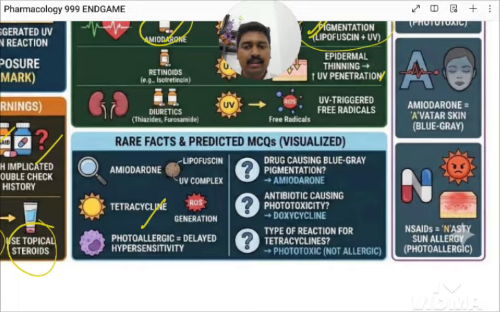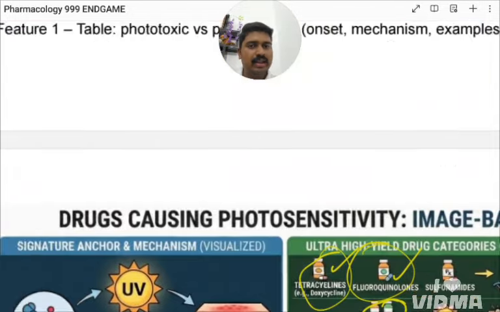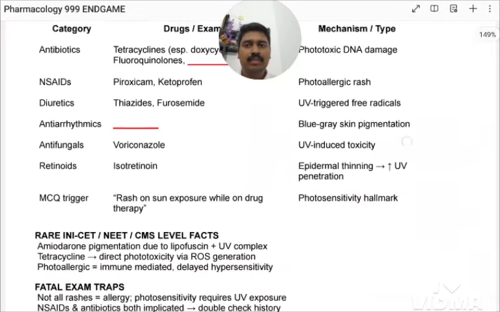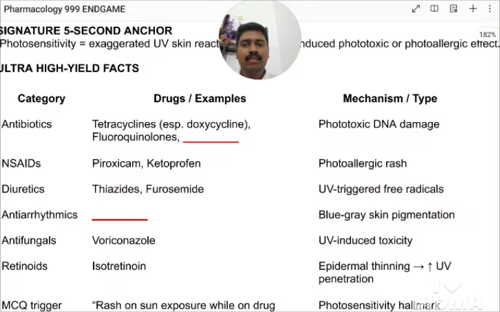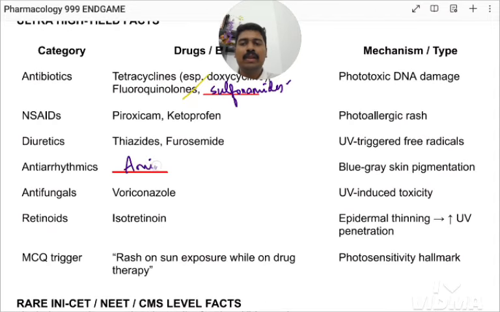The rest of the things are already covered, so we'll just go through the questions, whichever are important. Tetracyclines, fluoroquinolones, and one more group of drugs, sulfonamides. In sulfonamides, one important drug is sulfamethoxazole, which comes as cotrimoxazole. Next, antiarrhythmics: you have amiodarone.